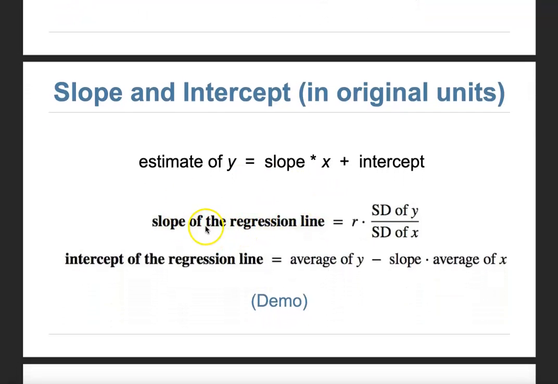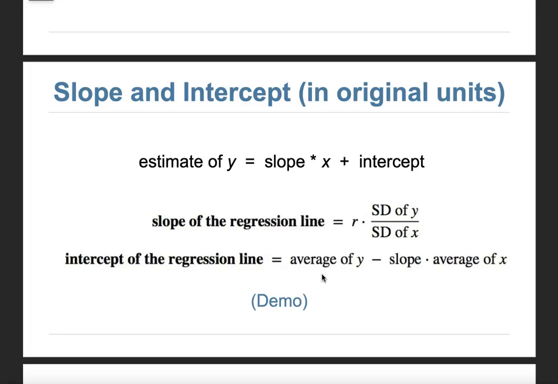The slope in the original units will be the correlation times the standard deviation of y divided by the standard deviation of x. And the intercept will be the average of y minus the slope times the average of x.